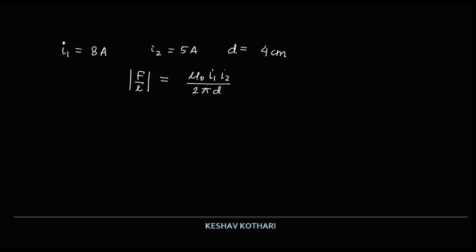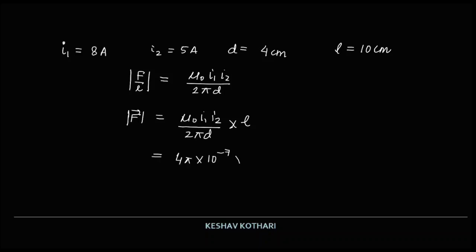Now the question is asking to calculate the force on the length segment of 10 centimeter, and hence the magnitude of force F is equal to mu naught I1 I2 upon 2 pi d into length L, which we can calculate as 4 pi into 10 to the power minus 7 into I1 I2 into length L upon 2 pi, and the separation is 4 centimeter.